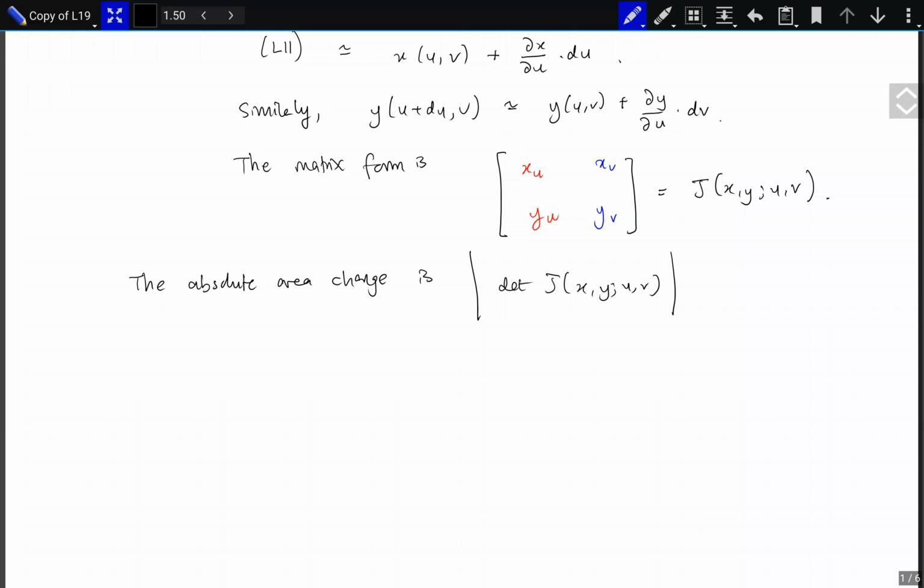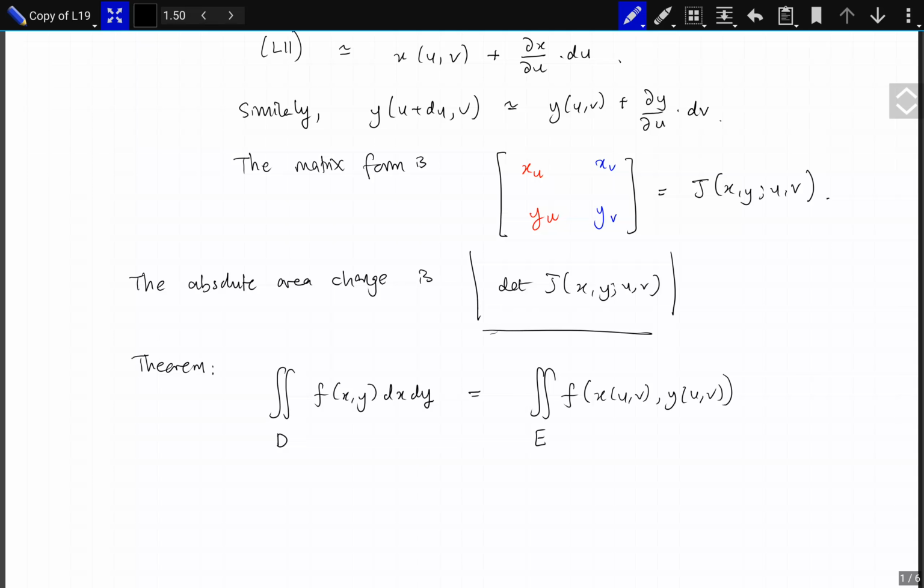And this leads us to the theorem that if I have a change of variables, the double integral over the domain of a function of x and y is equal to, when you integrate over a different domain in the uv plane, f of x of (u, v), y of (u, v), and we need to throw in this area change factor, times du dv.